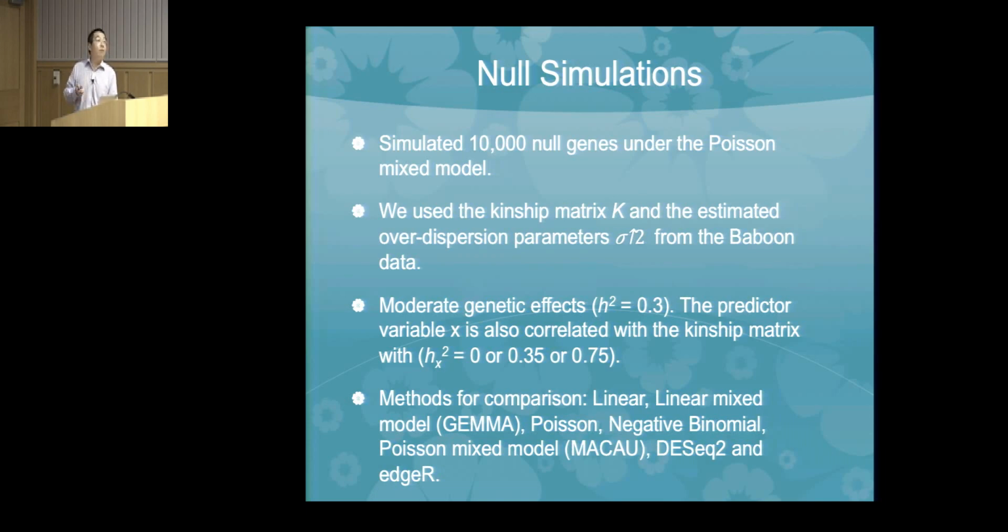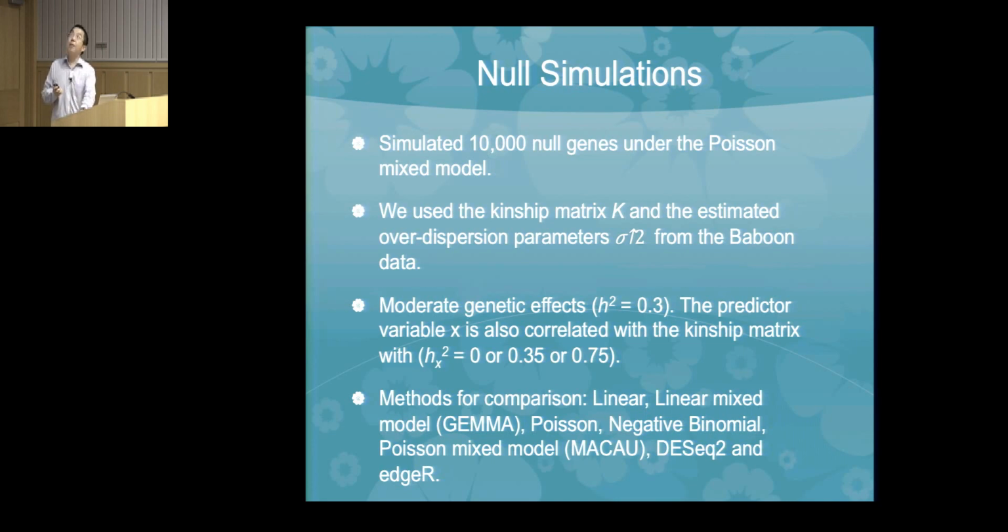So intuitively, if you have a large data set, you would expect DESeq and edgeR to perform quite poorly. And if you have a small data set, maybe you would expect DESeq2 and edgeR to perform slightly better than negative binomial models. And besides all this, we also have our Poisson mixed effects model that's implemented in the Mixed package. So those are the 7 methods we compared.